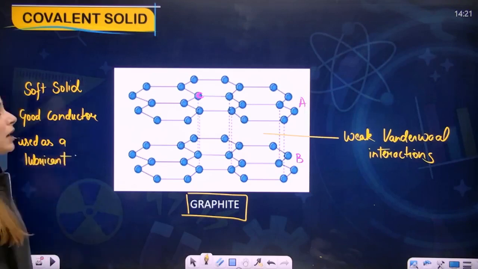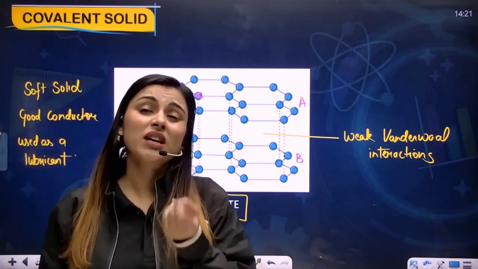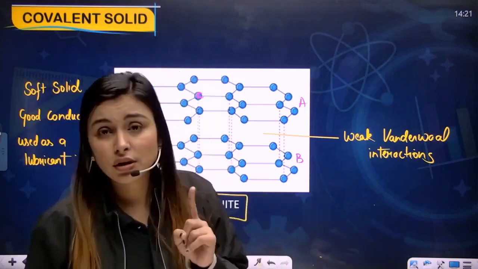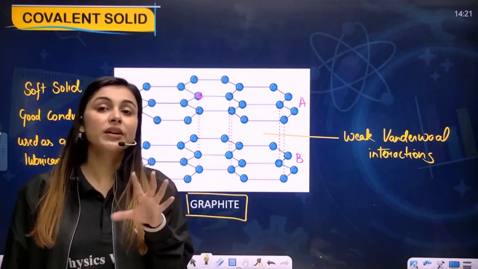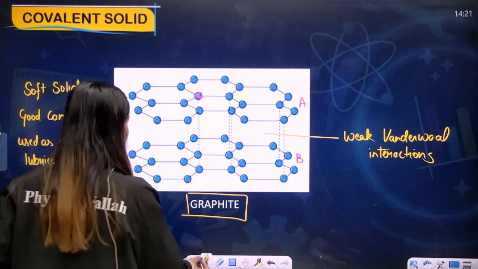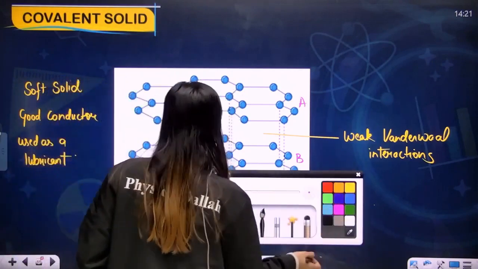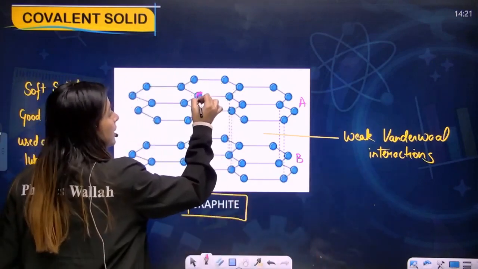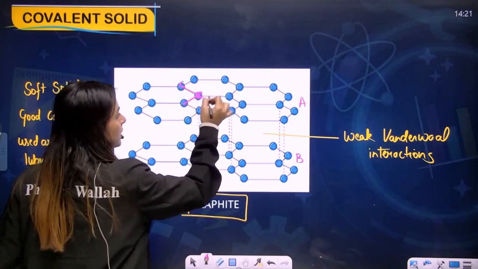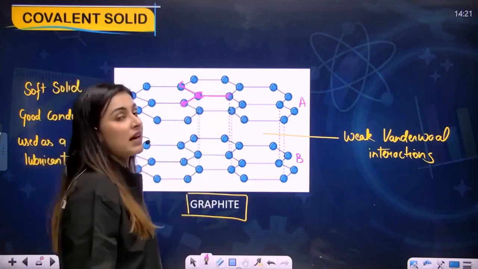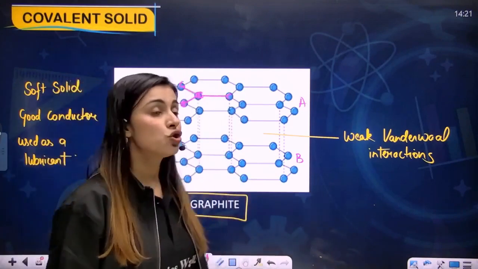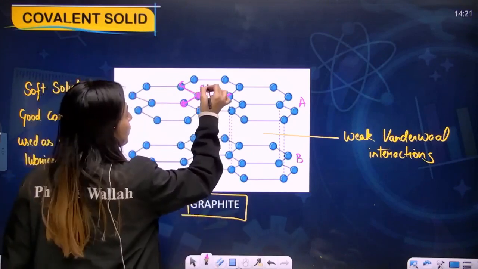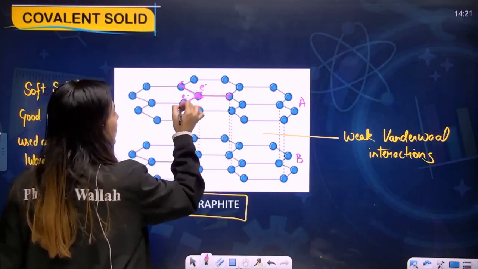Perfect. Okay, now let's try to understand why it is a good conductor of electricity. To conduct electricity you need free electrons, you need charge carriers. What actually happens is you have carbon here, bonded to 3 other carbons. You know that carbon has 4 valence electrons, so it has 1 electron free. Every carbon has 1 electron free.